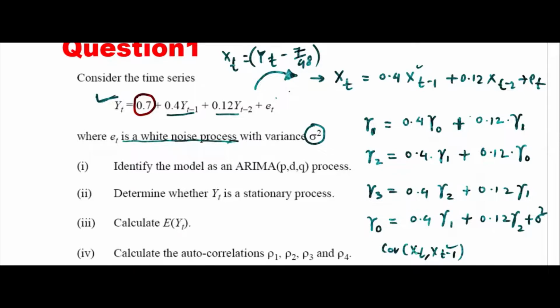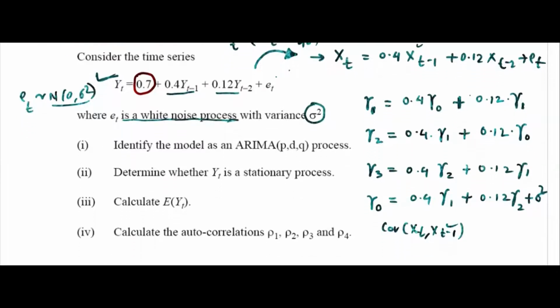So et will follow normal 0, sigma square; this is always there, even if not given. We have to write sigma square here, which you will get in the gamma 0 equation. These are the Yule-Walker equations for pure AR processes.